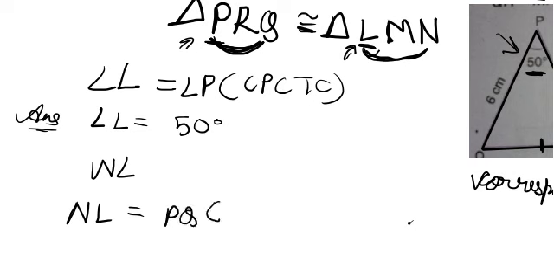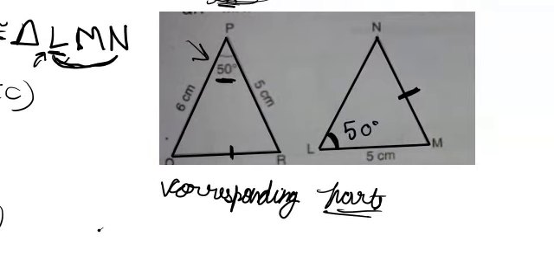And what will be the reason? That is CPCTC, corresponding parts of congruent triangles are congruent, right? Now have a look here, what is NL and what is PQ. So this is NL from point N to point L. This is NL, this is PQ.